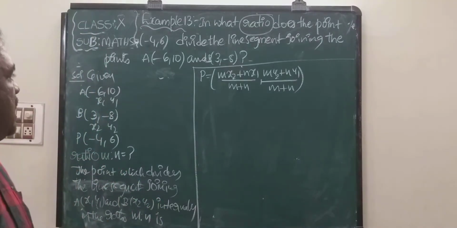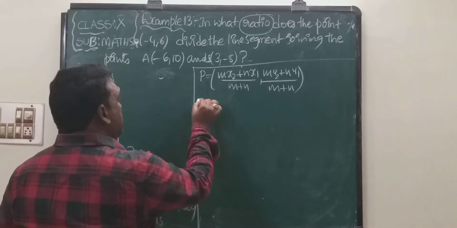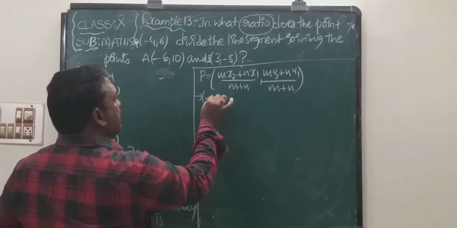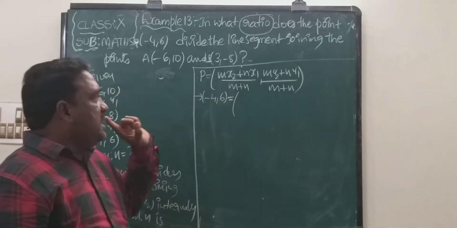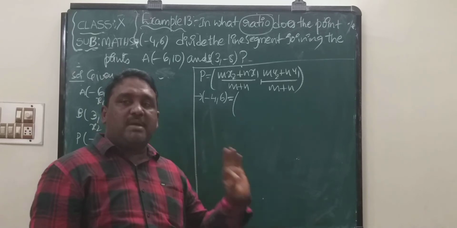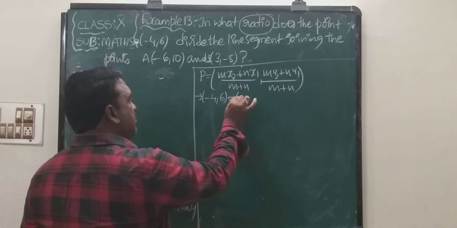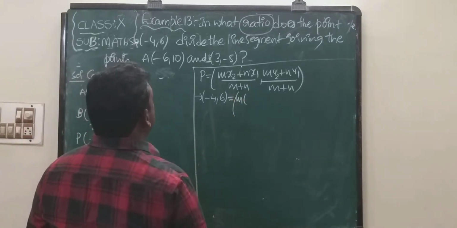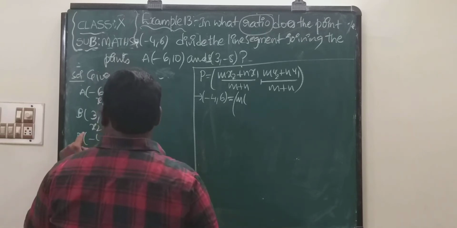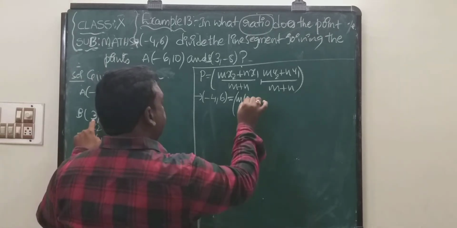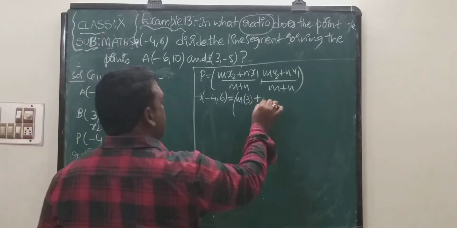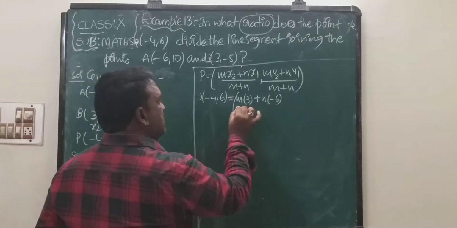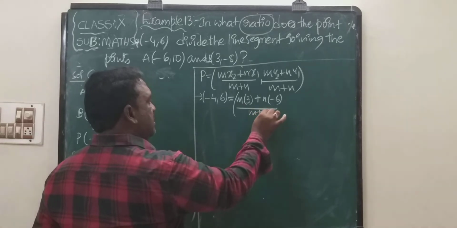Then substitute all the values. What is the P value? Minus 4 comma 6. For mx2, we don't know m and n, so it stays m. What is x2? x2 value is 3, plus nx1, n we don't know, x1 is minus 6, by m plus n.